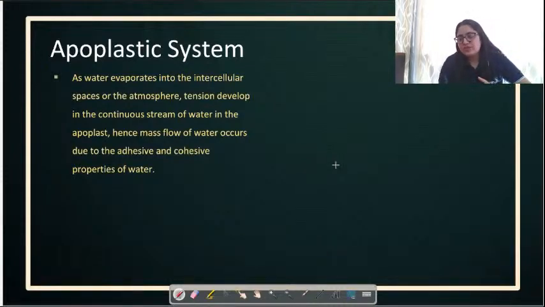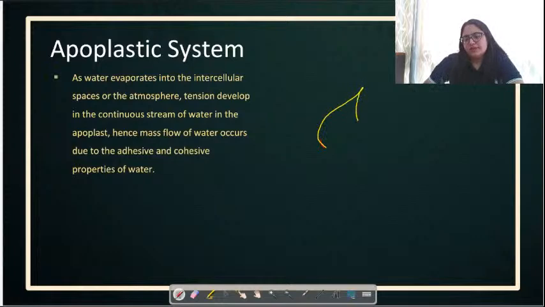This line actually belongs to transpiration pull, which is discussed in detail there, but also given here in the epiplastic system. So let me help you out here too.